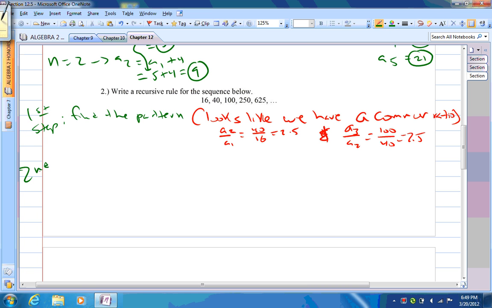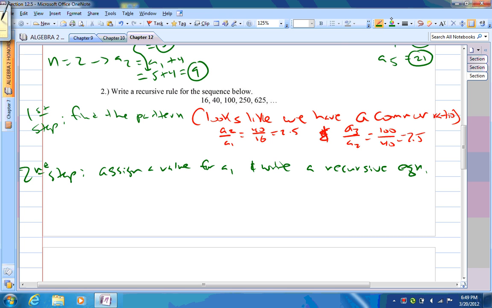So second step, assign a value for a1 and write a recursive equation.